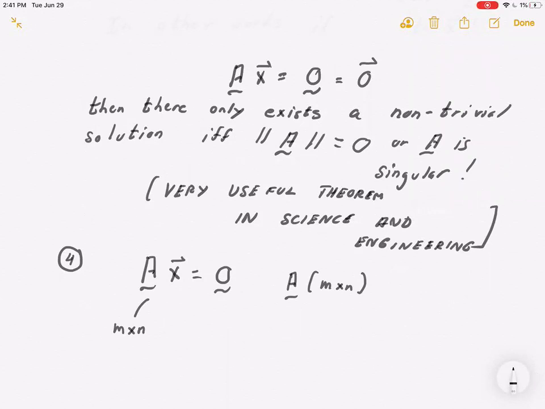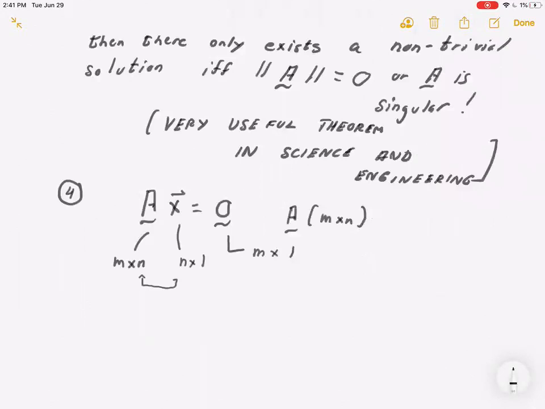X has to have n rows in 1 column. And my 0 matrix has to have, watch it now, m rows in 1 column.